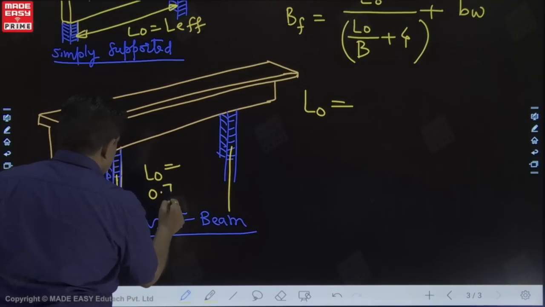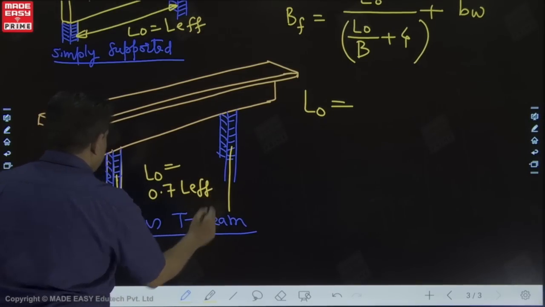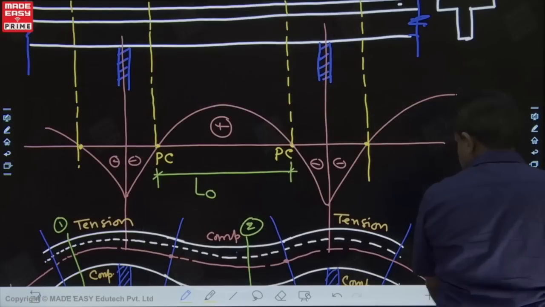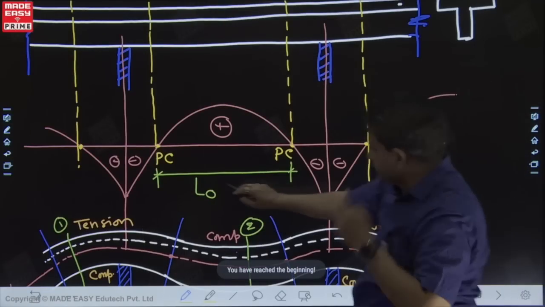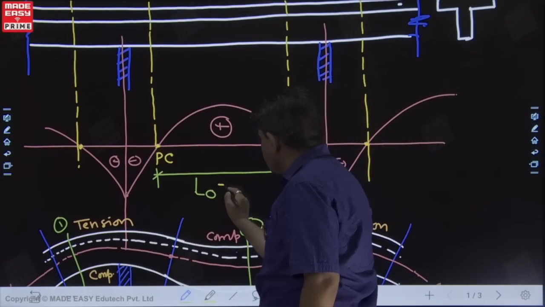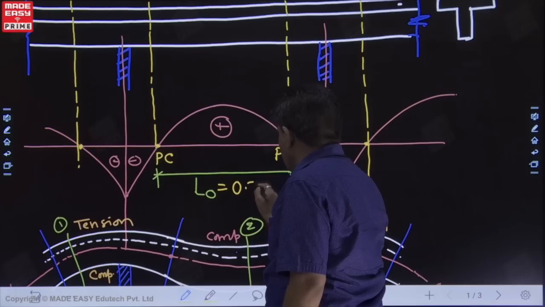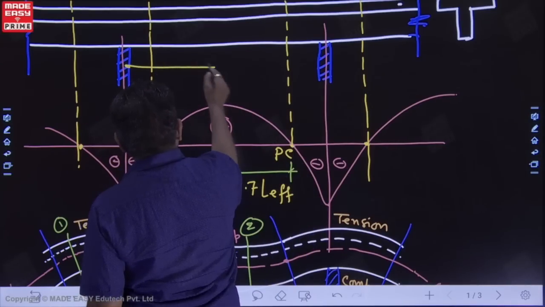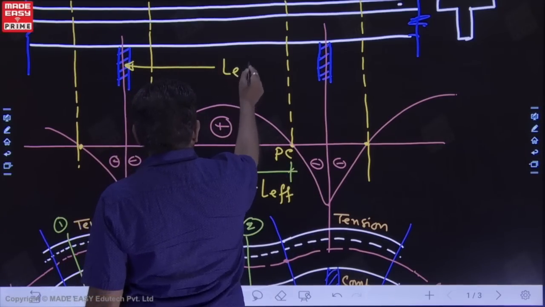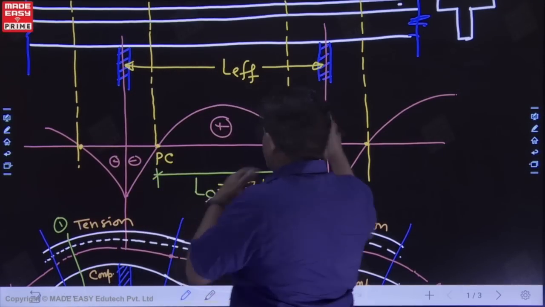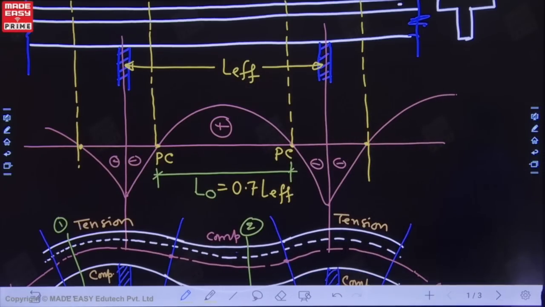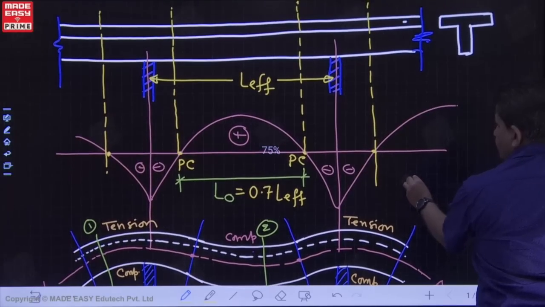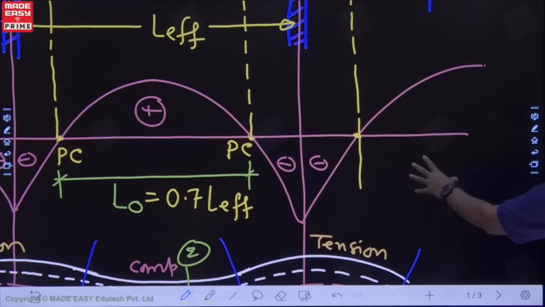It will be 0.7 times L effective. That I can show you in the figure we have discussed. Yes, this one. This is L0, this is a continuous beam. So L0 will be equal to 0.7 times L effective. L effective will be decided according to the distance between supports, and L0 will become 0.7 L effective in this T-beam. I hope it is clear.